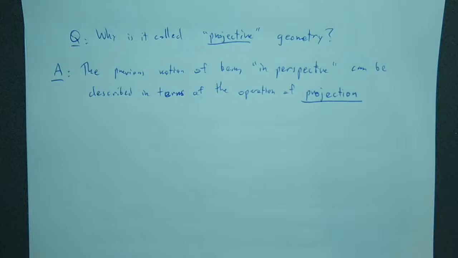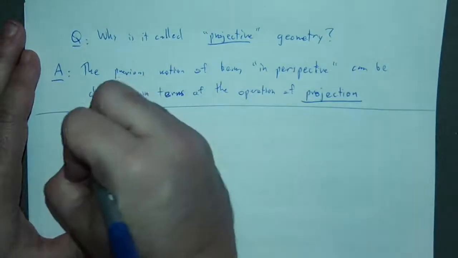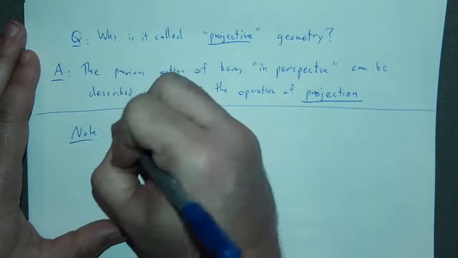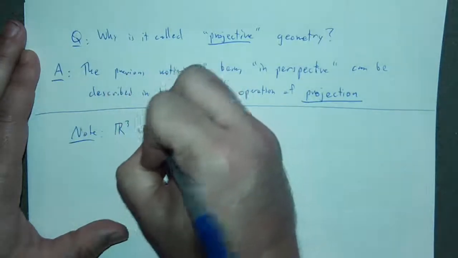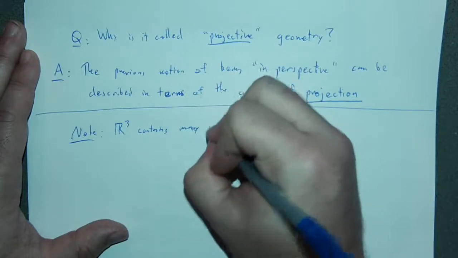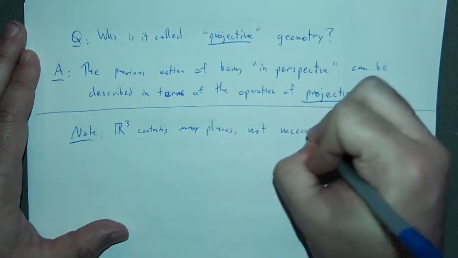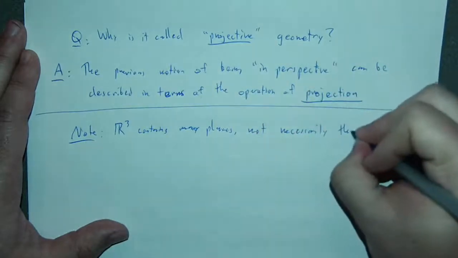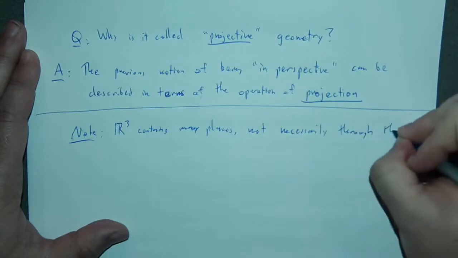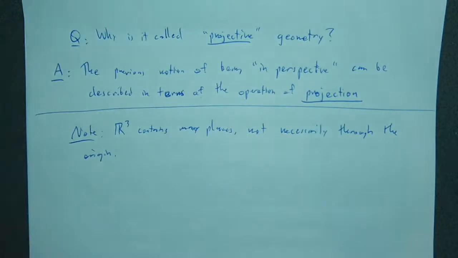Okay. So, note, R3 contains many planes, not necessarily through the origin. Right.